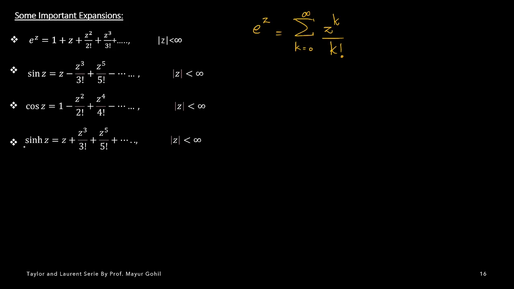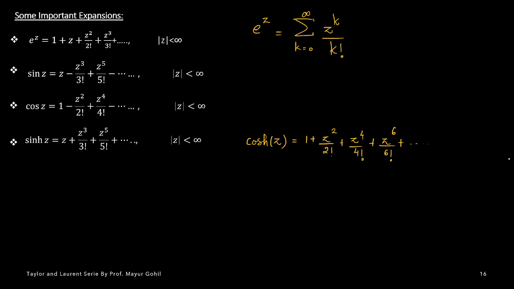If you take the derivative on the sinh of z side, the LHS, you get cosh of z, and its expansion will be 1 plus z square over 2 factorial plus z raised to 4 over 4 factorial plus z raised to 6 over 6 factorial plus, and so on.